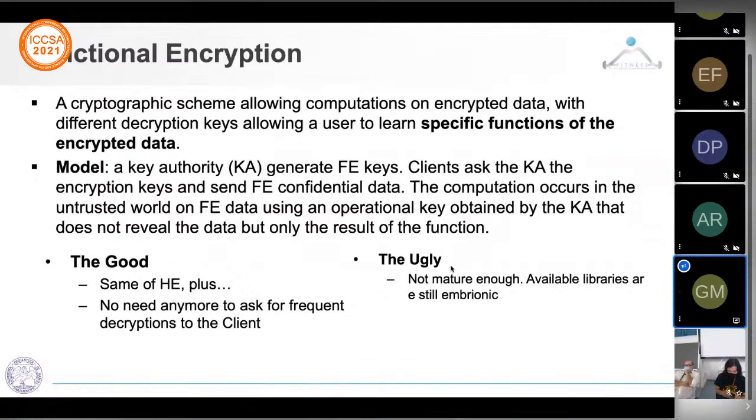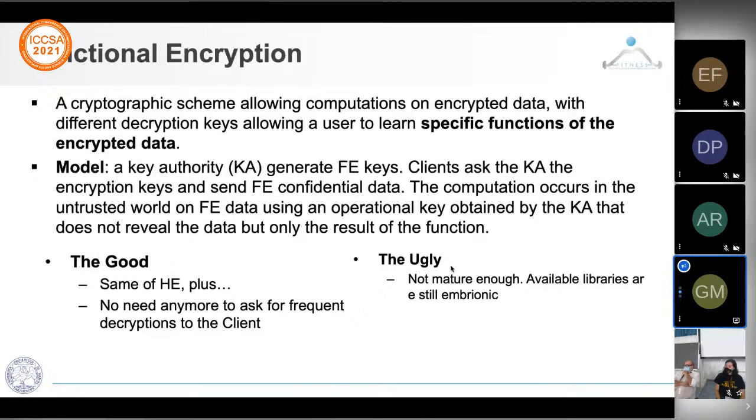It allows to use specific keys that only permit the execution of intermediate processing. So with these keys, I can get the result of a specific computation, but I cannot get the confidential data, the input data.